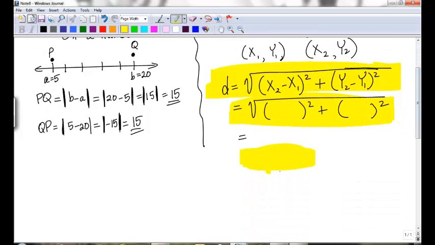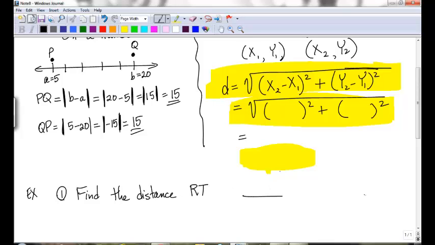Let's look at a couple of examples. I use EX for example. Say they ask you to find the distance RT.